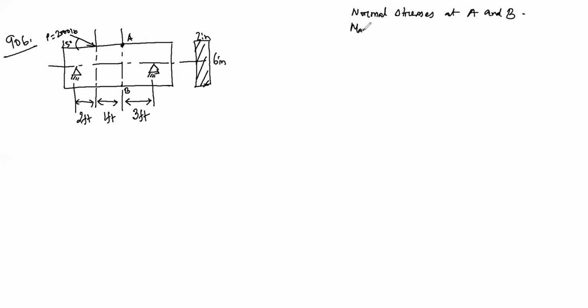So maximum normal stress, where is the point? Is that A, B, or anywhere else, whatever it is? Are A and B the highest normal stress? If the highest normal stress is not at A and not at B, then where is it? They have asked this question also.